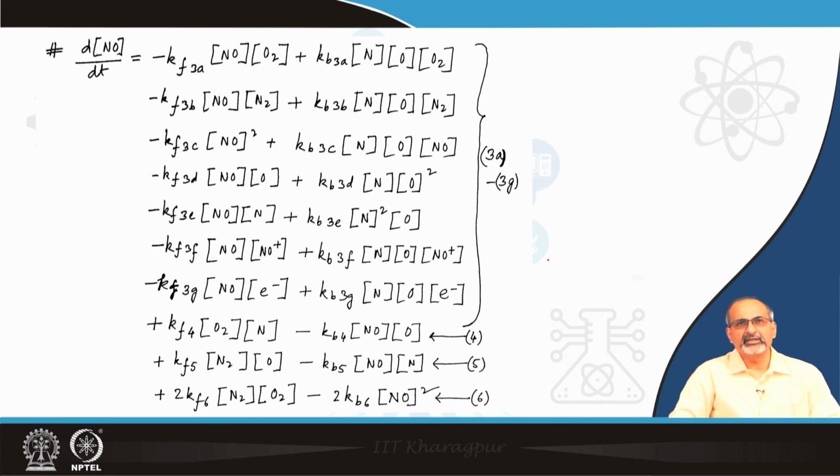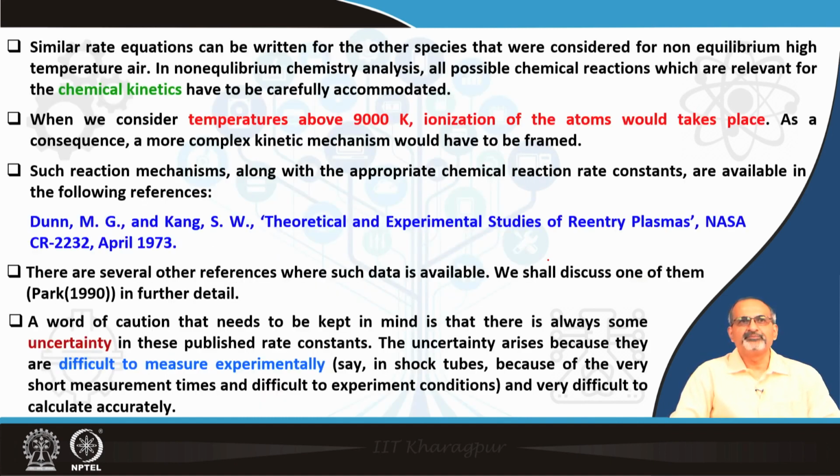So, without further elaboration, we just took a very quick tour of the concepts associated with non-equilibrium chemistry, and we try to proceed with these ideas in mind for some more discussion on this topic.